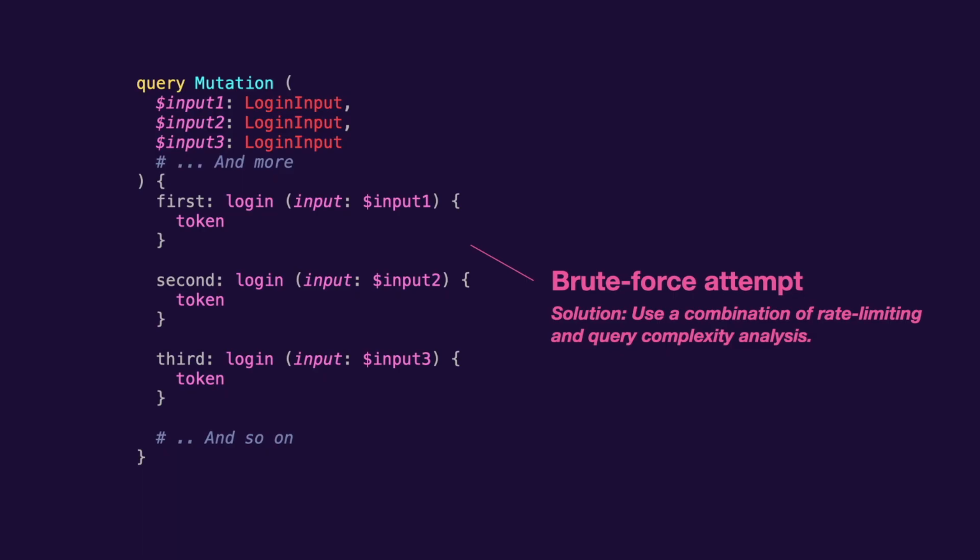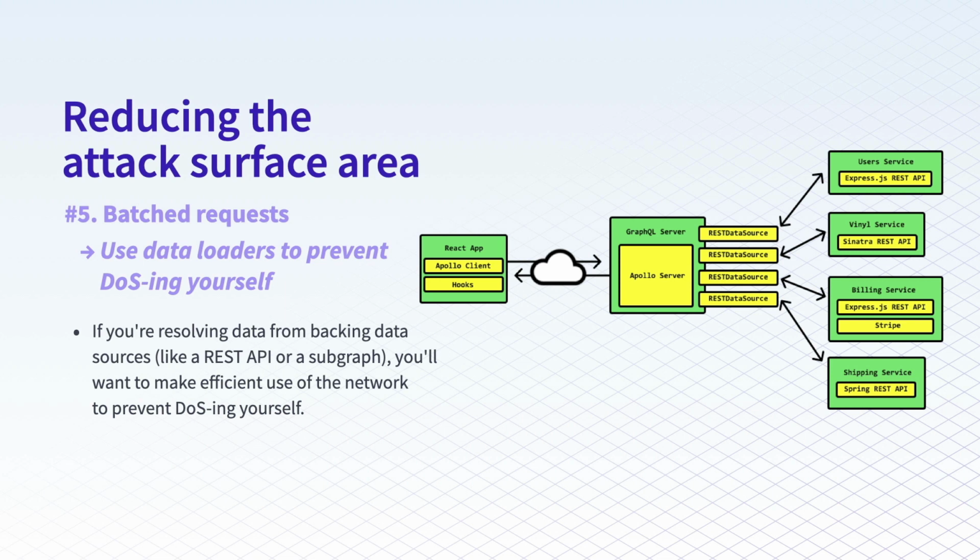Okay, so here's a really good example. Say we're rate limiting our graph, and depending on the library or the way that we've set it up, a request like this, one where we brute force login attempts through a single GraphQL operation, may still get parsed and executed. So a combination of rate limiting and query complexity analysis can help to mitigate this particular concern.